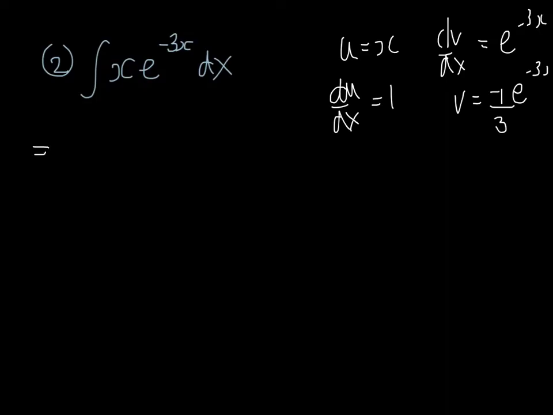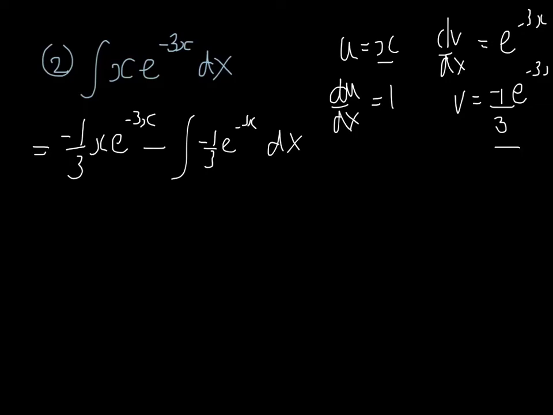Okay, so our uv, x times minus a third, so minus a third x e to the minus 3x, and then minus the integral of v, which is minus a third e to the minus 3x, times du by dx, which in this case is just 1 with respect to x.